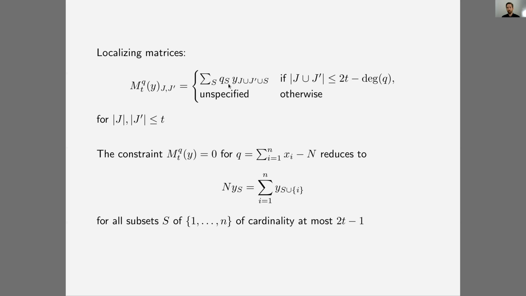If you think about what happens here, you get the empty set for s, and then you get an n as coefficient. For j, you can plug in any j and j prime. So that's going to be this n times y_s. And then you get a sum over all singletons. But these are a lot of constraints.